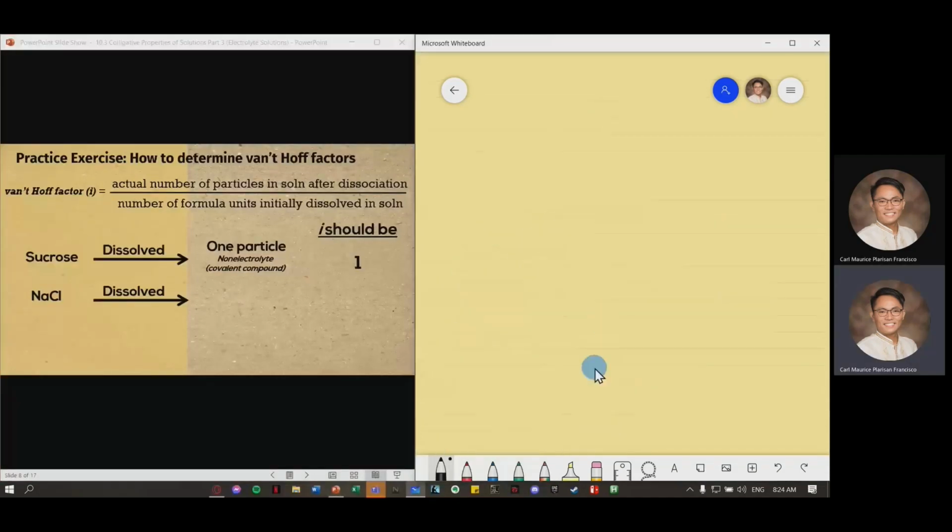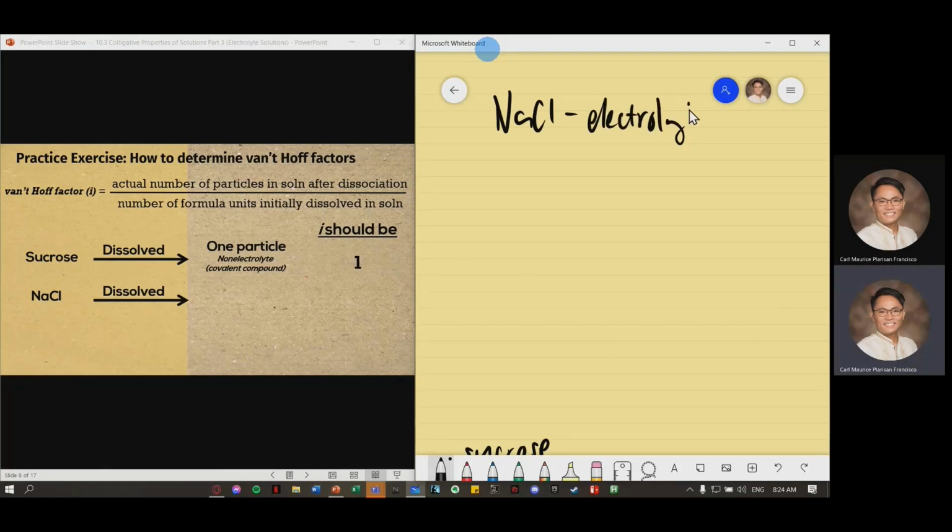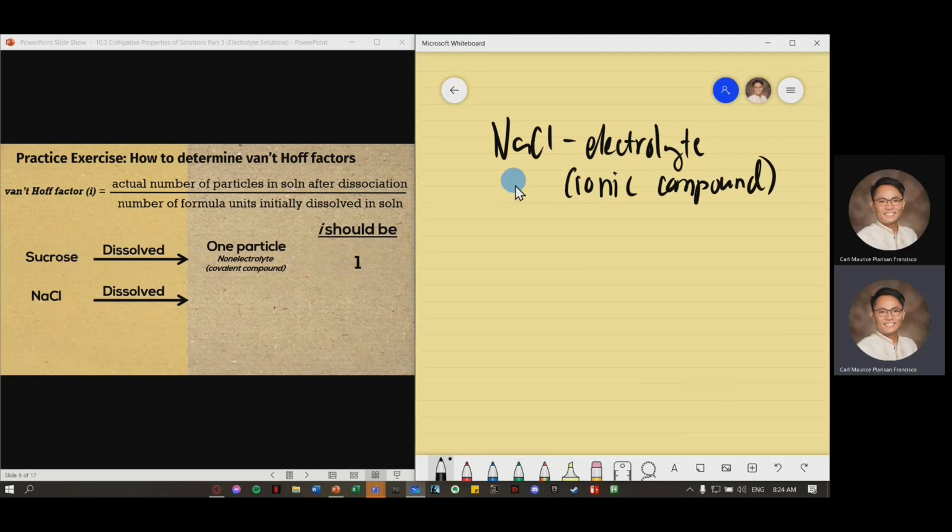Now NaCl is actually an electrolyte. Ito electrolyte na ito dahil ang sodium chloride ay isang uri ng ionic compound. The ionic compound, this is made out of metal, non-metal, NaCl. Ito ay metal and then non-metal. So dahil ito ay isang ionic compound, ibig sabihin ito ay electrolyte.